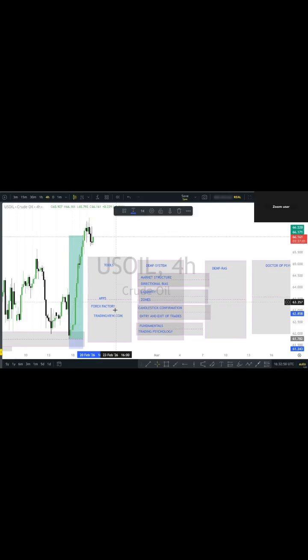I thought if I click .com, this interface would change, but it's working. Just .com here. You can download the app or use the website, any one of your choice. TradingView.com is where we analyze trades, market structure, directional bias, liquidity, zones, candlestick confirmation, and analyze everything.